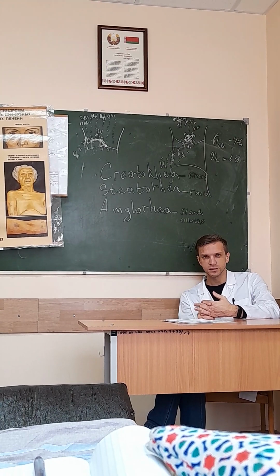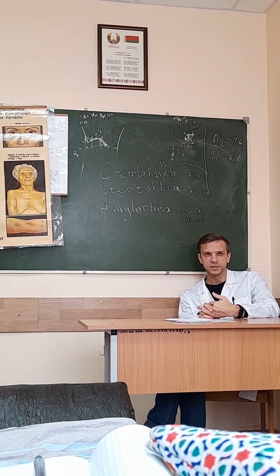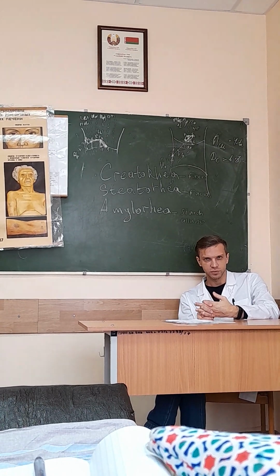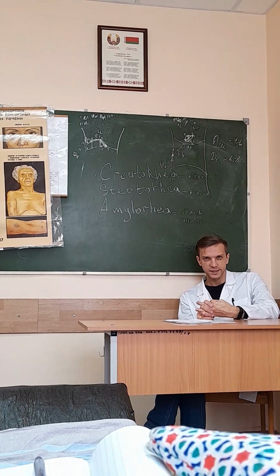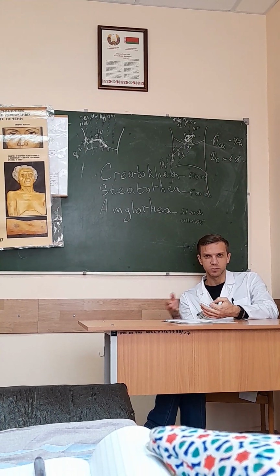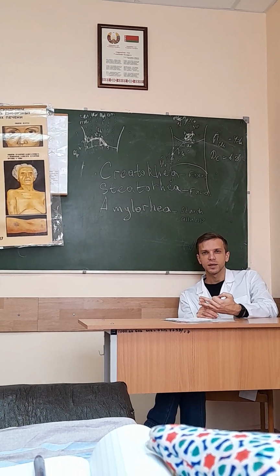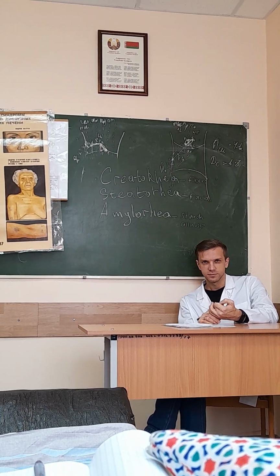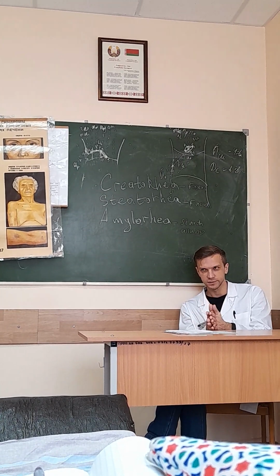We need this test to confirm atherosclerosis. Increased level of cholesterol is hypercholesterolemia. It could be in atherosclerosis, in obesity, and obesity will lead to atherosclerosis. Also, we can see it in cholestasis. Cholestasis is compression of bile ducts.